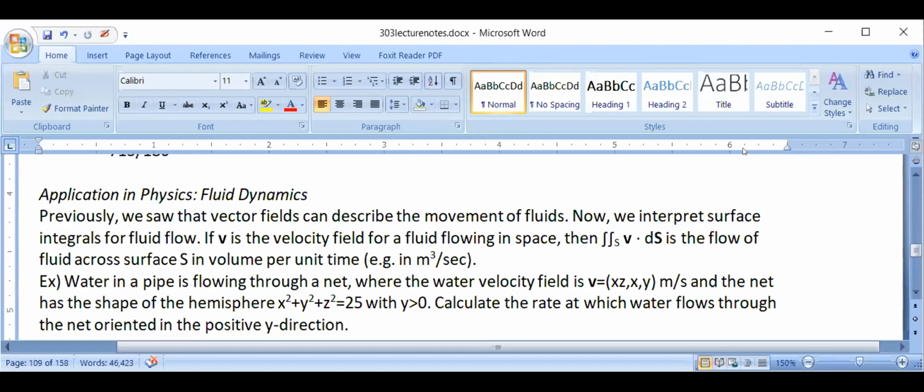You can check the units on that if you like. The velocity is meters per second, and then the dS is an area, so that's meters squared. Put it together and you get cubic meters per second.